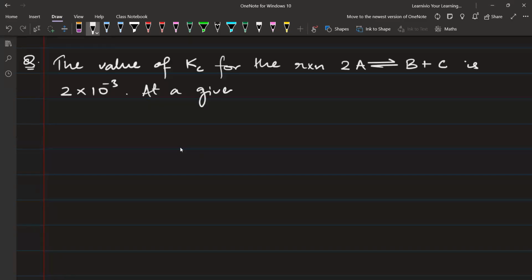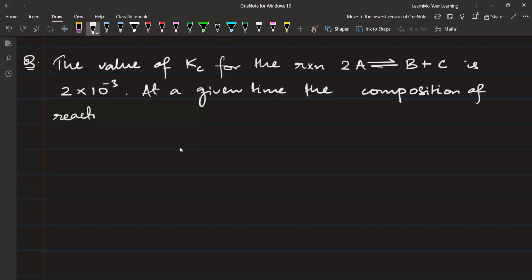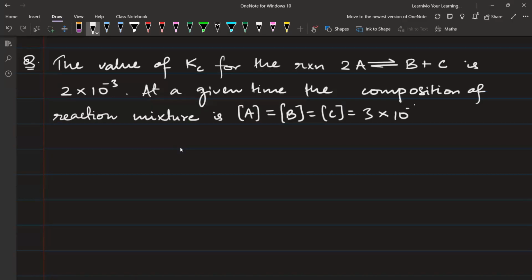At a given time, the composition of reaction mixture is: concentration of A is equal to concentration of B is equal to concentration of C, which is equal to 3 into 10 to the power minus 4 molar.